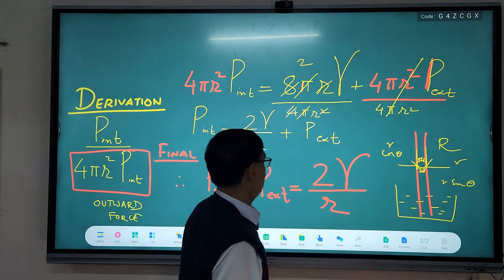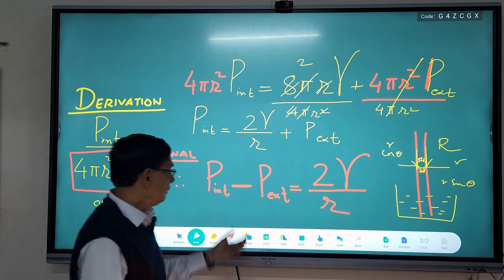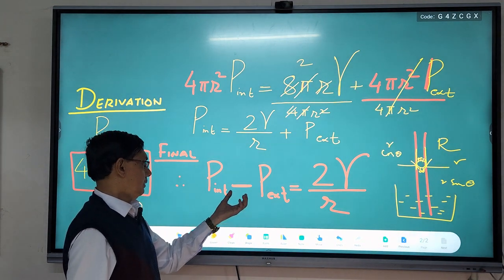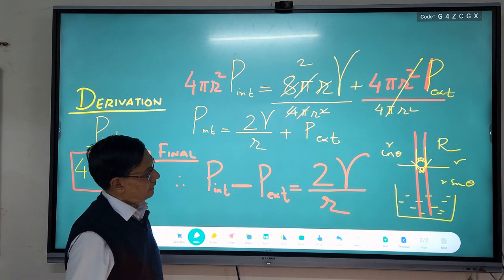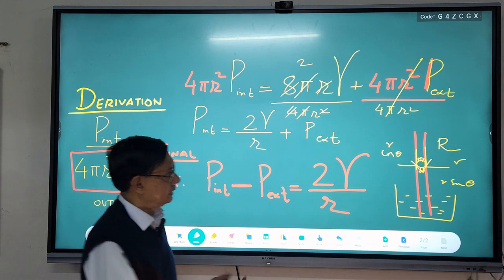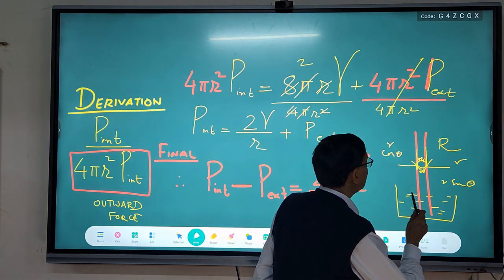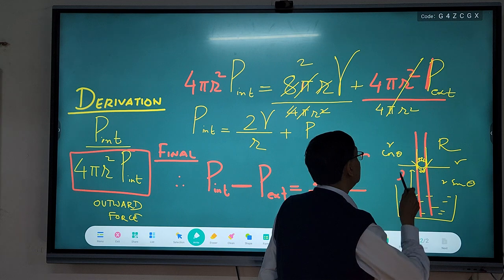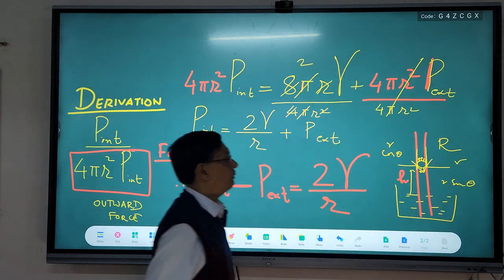But before that, let me first explain the significance of this Laplace equation and its application, that we can calculate the height of the meniscus. That is important.